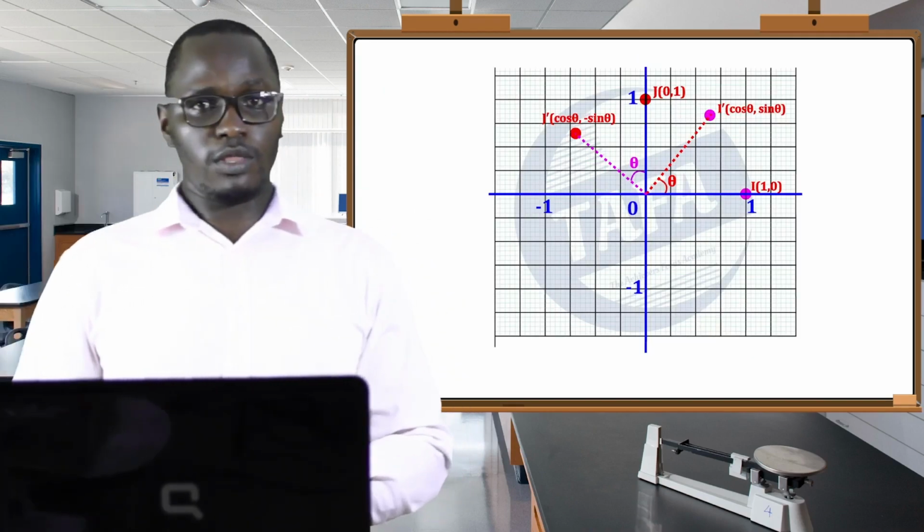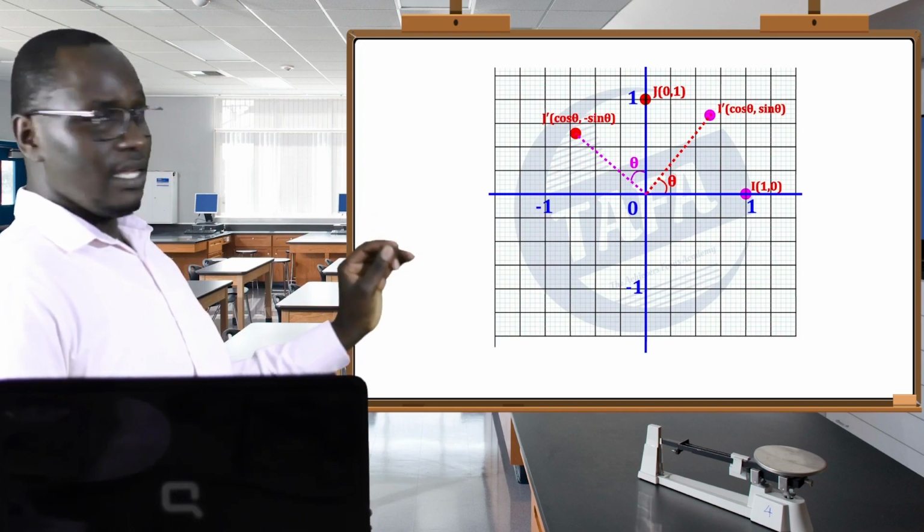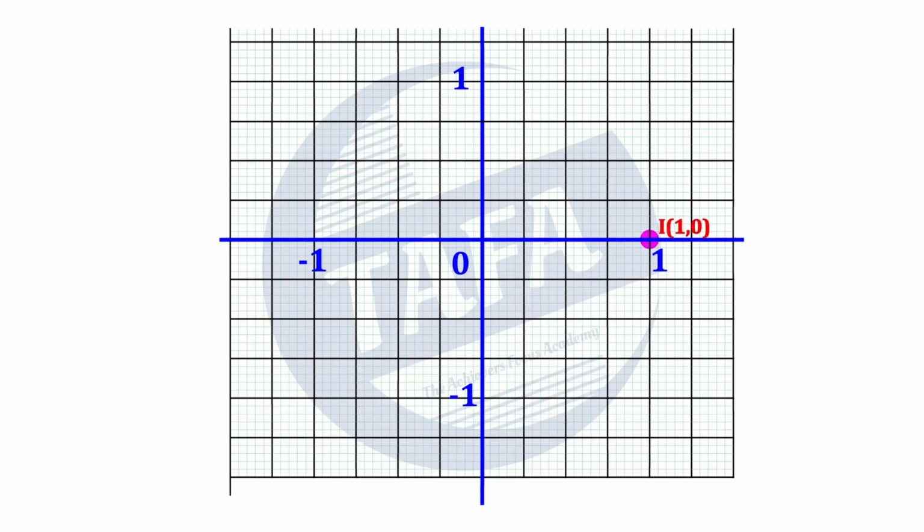So the point that you are seeing here, point I, if you rotate it through an angle theta as shown on the diagram, the point I prime now has the coordinates (cos theta, sin theta). Then J also, when rotated from where it was initially to where J prime is, now has the coordinates (-sin theta, cos theta), because it is in the second quadrant.